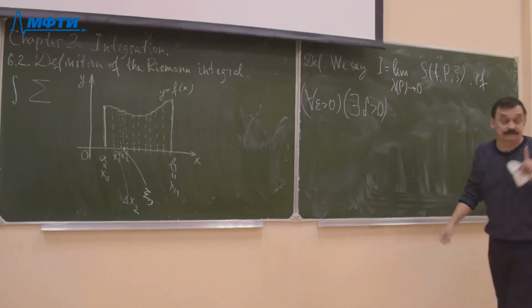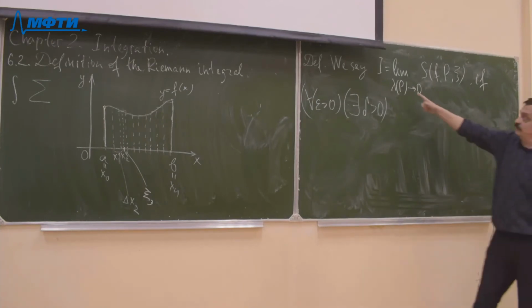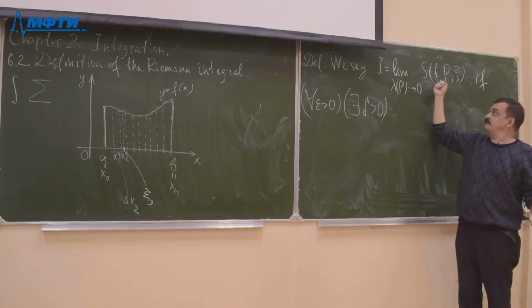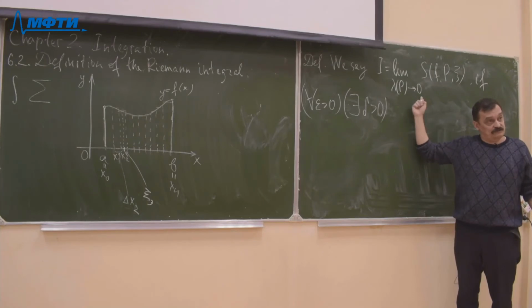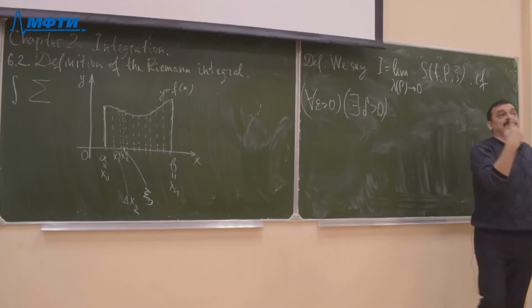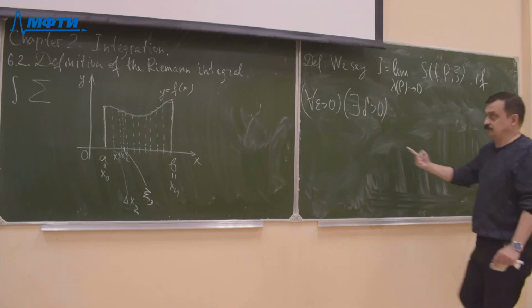So look how I want to construct this definition. I wrote here limit of something as norm of the partition tends to 0. Norm of partition is one variable, right? So for one variable we know what a limit is. So I want to write down what it is.